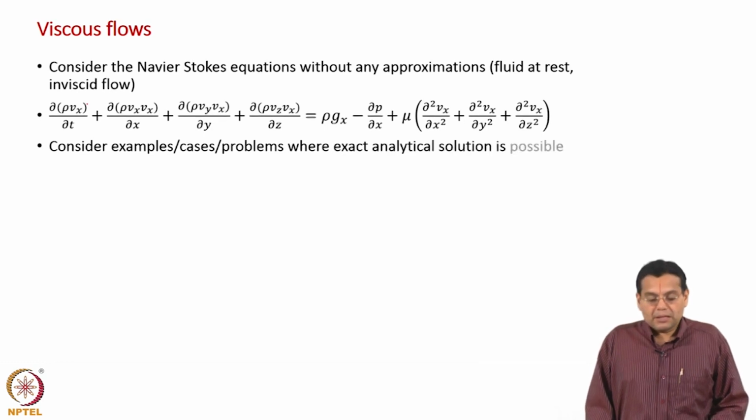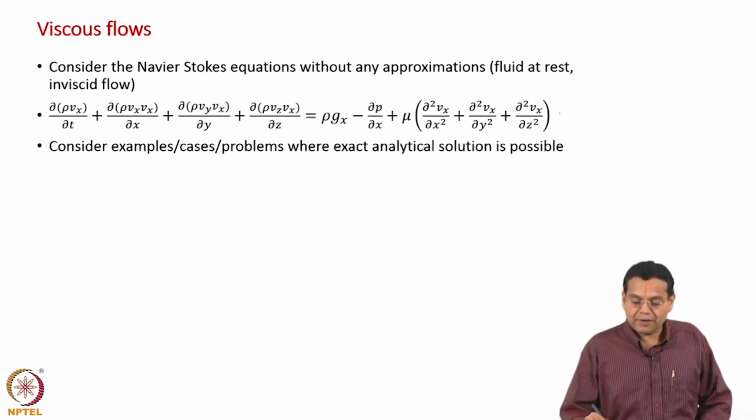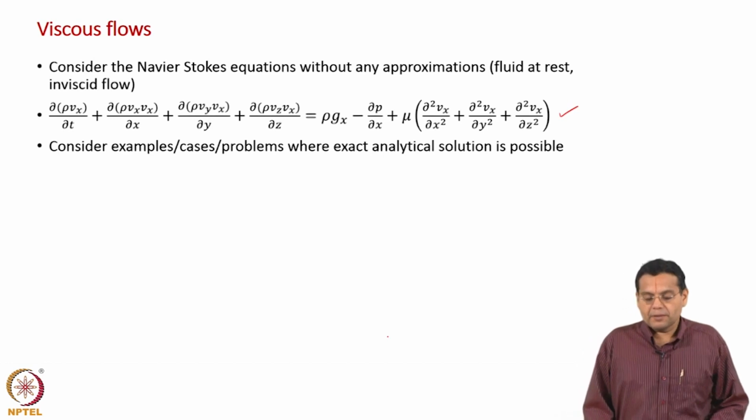Now, the Navier-Stokes equation we have written in only one direction. Solving the Navier-Stokes equation including all the terms is so difficult, really a formidable work, because we will have three direction equations, and we have the continuity equation also.